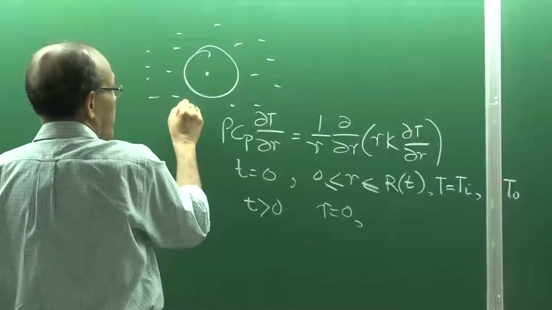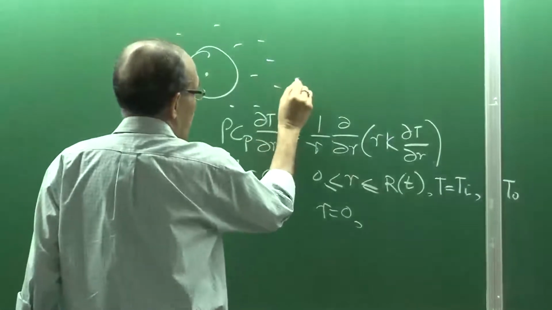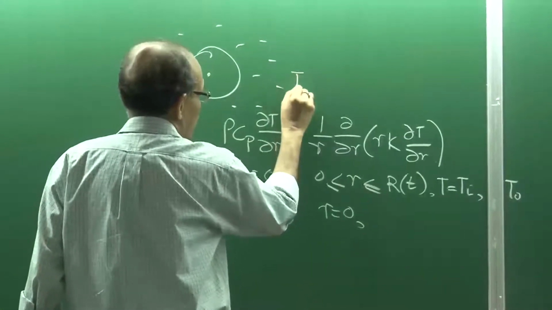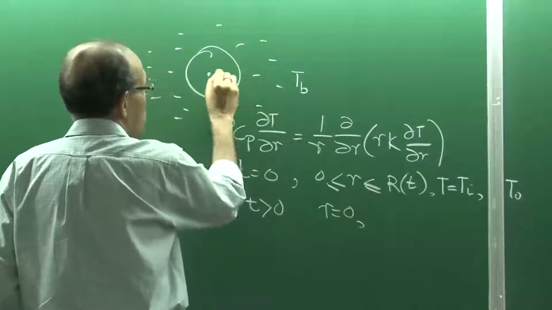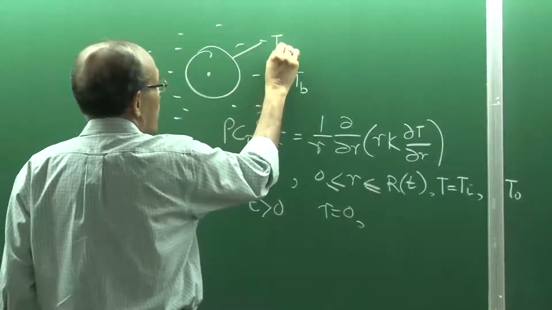So this is the submarginal liquid where it is undergoing melting, and this is the bulk liquid, which has a temperature of T sub bulk, and this is the melting temperature, T sub mp.